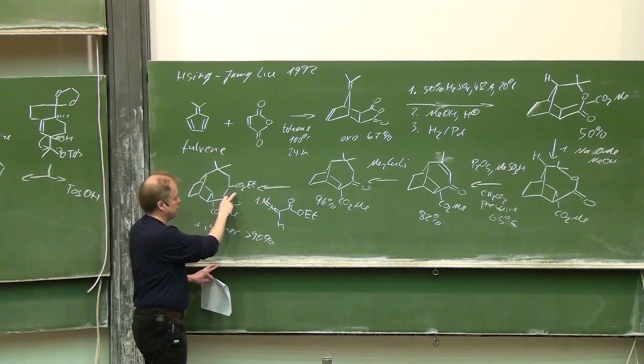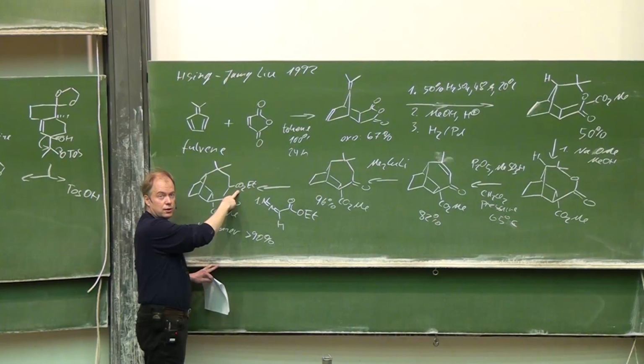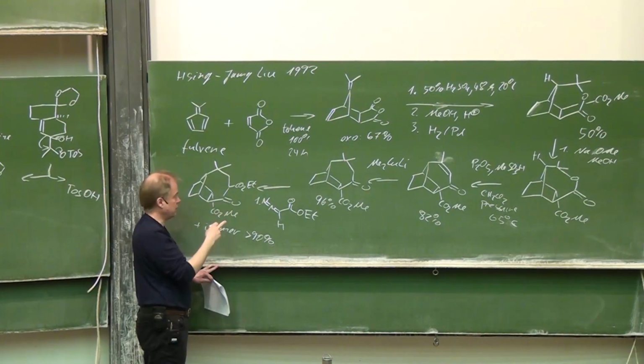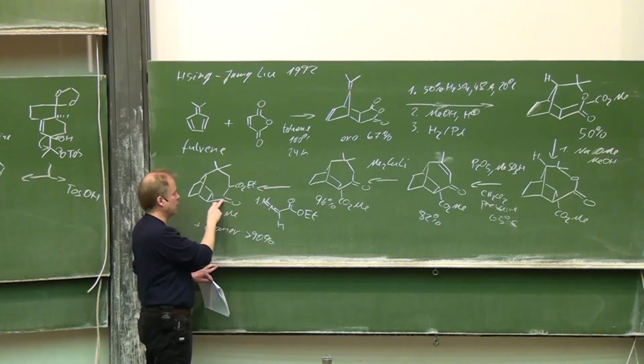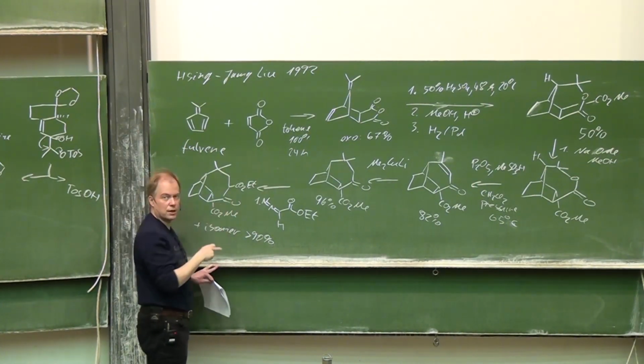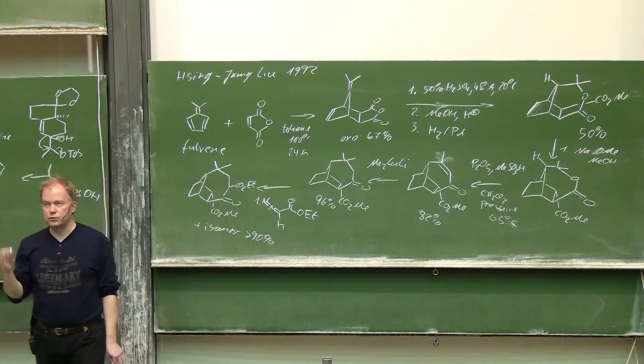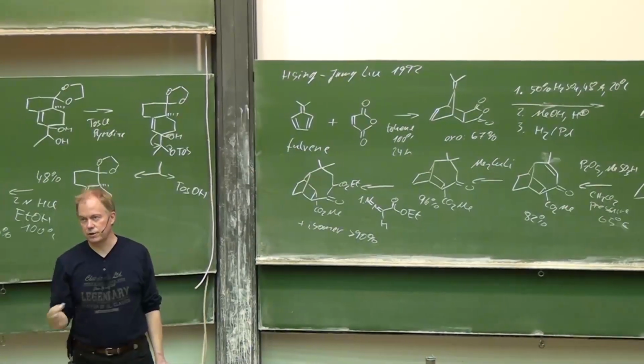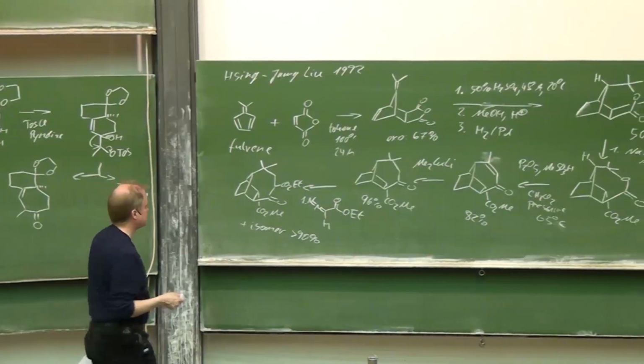Next step is the hydrolyzation of the ester. Then it decarboxylates because it's a beta keto ester. And well, for the Longifolene synthesis, you don't have to care about the position of that carbonyl group because you have to get rid of it by reduction anyway. Okay?